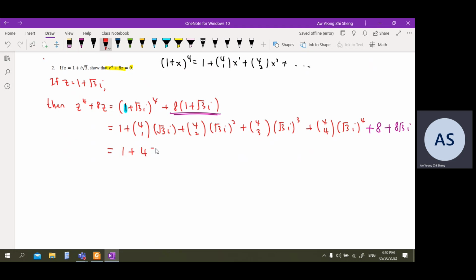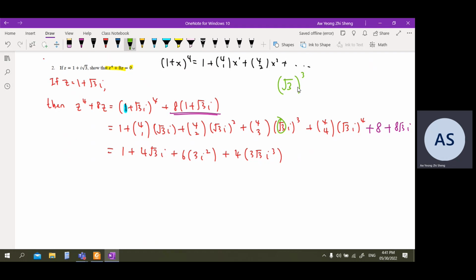4c1 is just 4, so I have 4 root 3 i here. 4c2 is 6. Okay, root 3 with a square will give me just a 3, so it's just 3i squared. 4c3 is 4. Root 3 to the power 3 will give me 3 root 3, followed by i cubed. Okay, so make sure you know how to do root with a certain power.